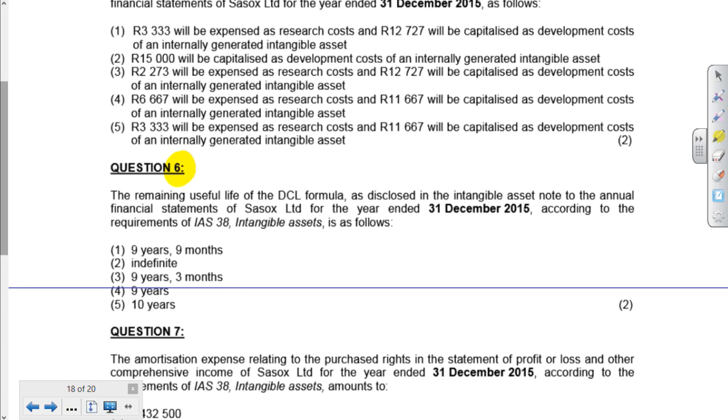Look at the date. So basically, just put a star next to it.